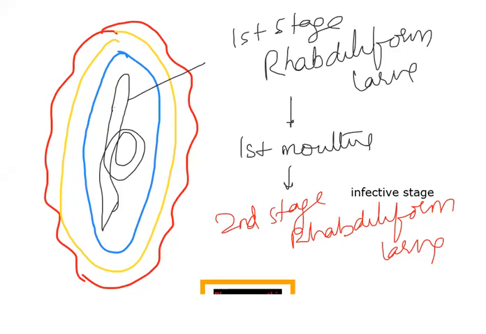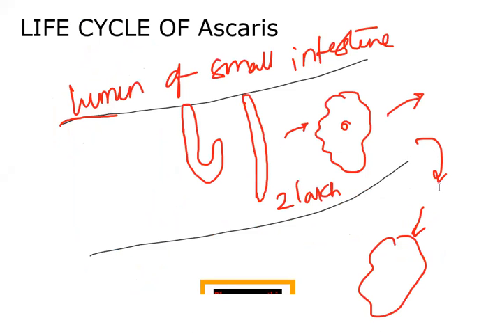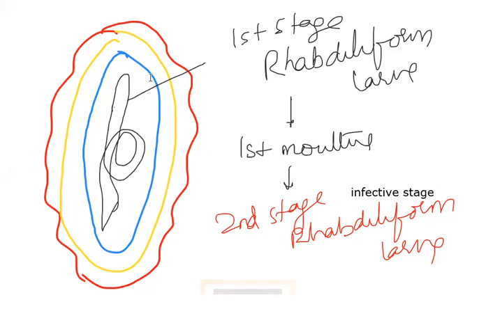These eggs are passed out through the fecal matter of human beings. In moist soil, development takes place inside the egg, leading to the formation of the first stage rhabditiform larva. Then this first stage rhabditiform larva undergoes the first molting, and that makes a second stage rhabditiform larva, which is called the infective stage for human beings.